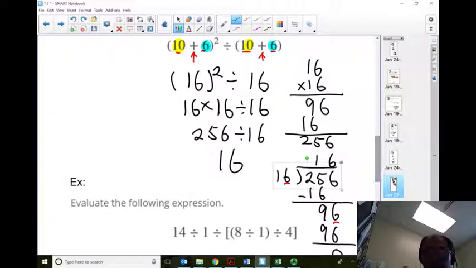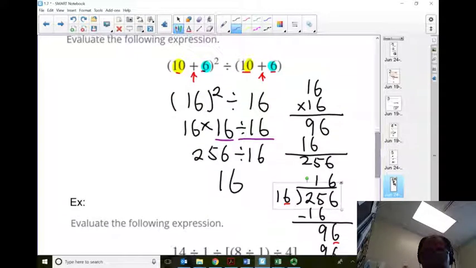So back to my question earlier. Could I take the 16 divided by 16 first, then times the 16 at the front? Okay. So think about it this way. Okay, I'm going to steer away from this.